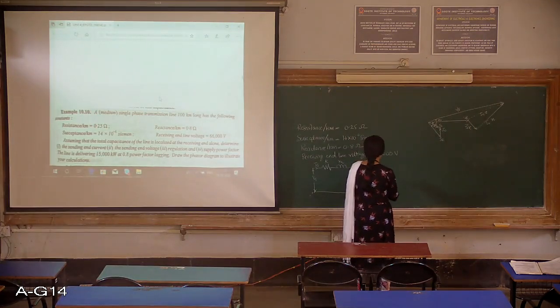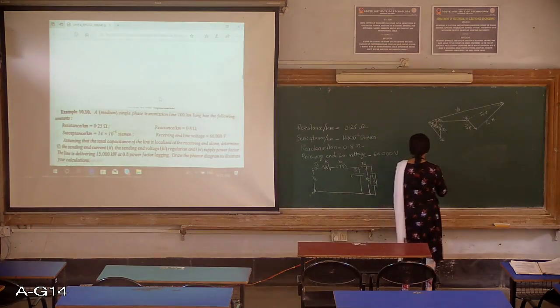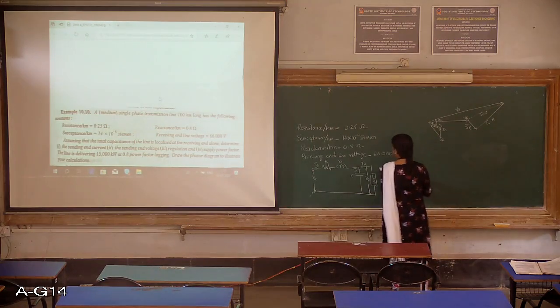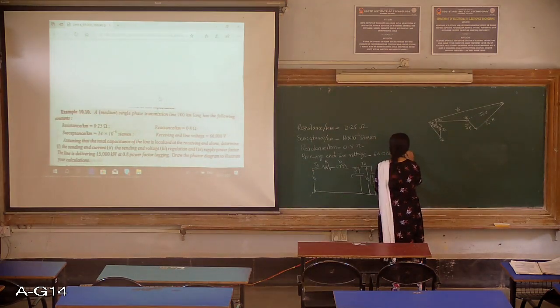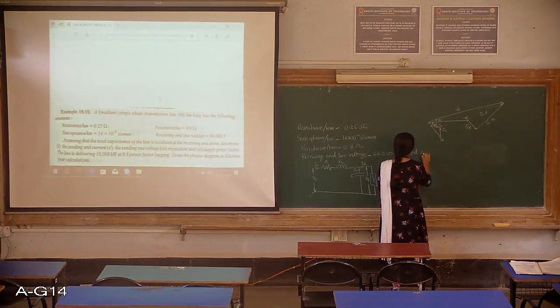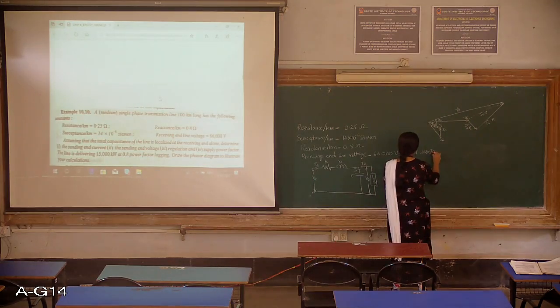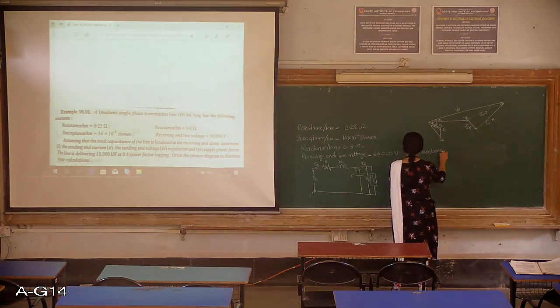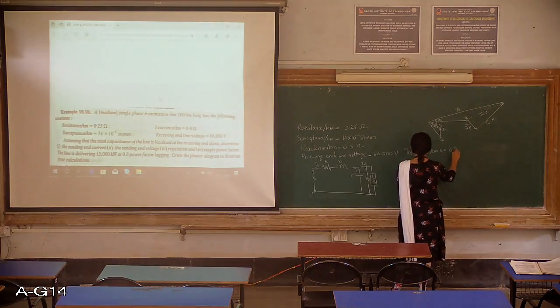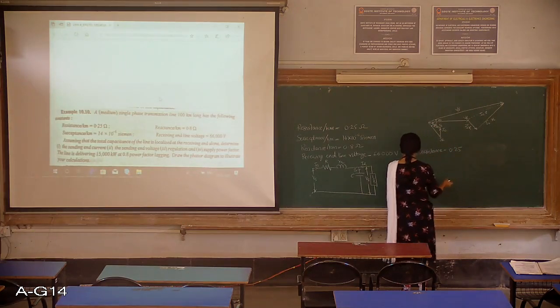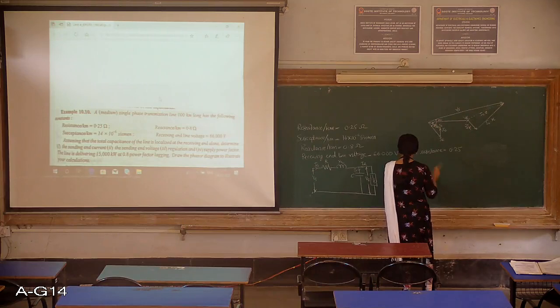So we start with the analysis now. What all have they given? I will write first the total resistance. It is 0.25 ohms per kilometer.